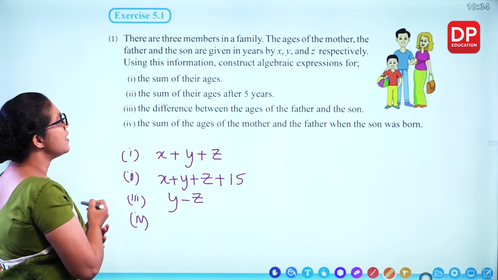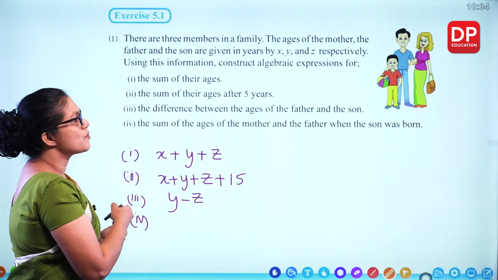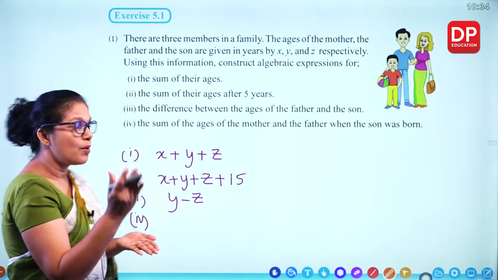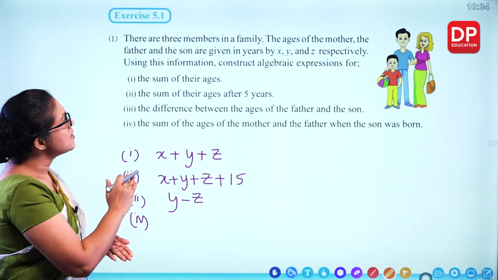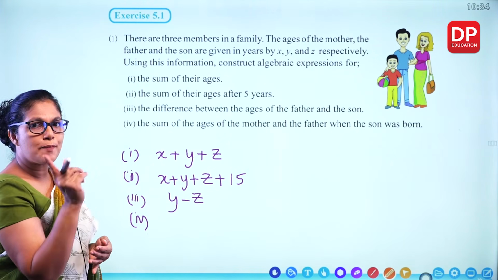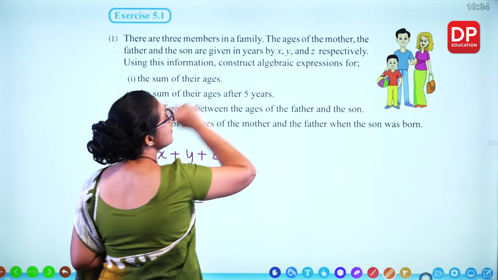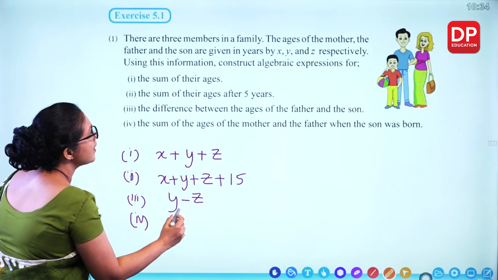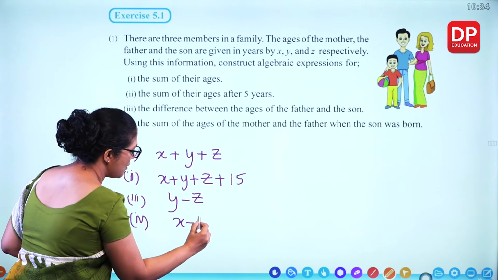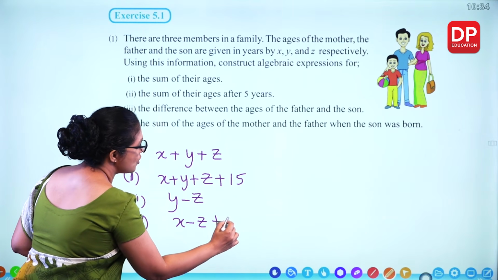And the sum of the ages of the mother and the father when the son was born. So when the son was born means now Z years before. Z years before means we have to subtract Z from X as well as Y. So X, mother's age now, Z years before, you have to subtract Z. What's father's age then?